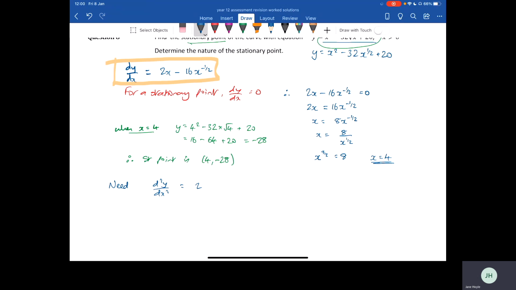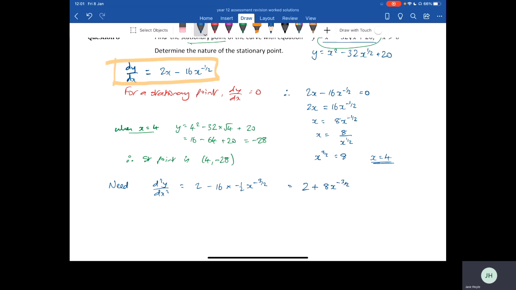Differentiate again, I get 2. This is a bit more awkward this time, so I'm going to write down the negative 16, and then I can think about differentiating x to the negative a half. Bring the power down, write the x, reduce the power by 1. 2 minus, well, actually, if I multiply negative 16 by negative a half, it will be plus 8 x to the power of negative 3 over 2.